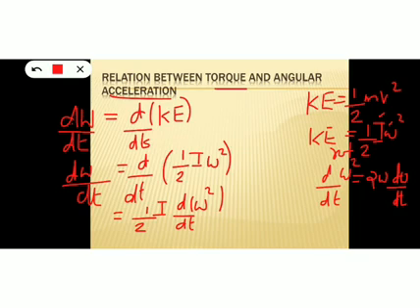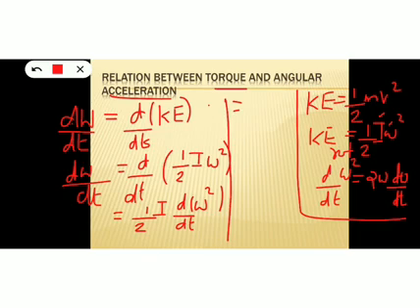Okay, so just substitute that expression here. So you will get equal to half I into what is d by dt of omega square? D by dt of omega square is 2 omega d omega by dt. This 2 and 2 will cancel, and you are left with I omega into d omega by dt.